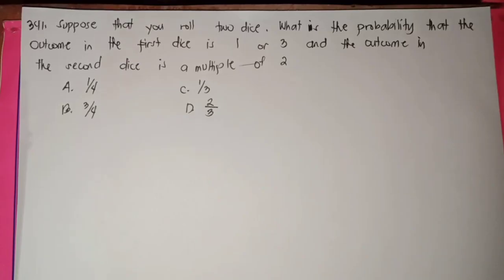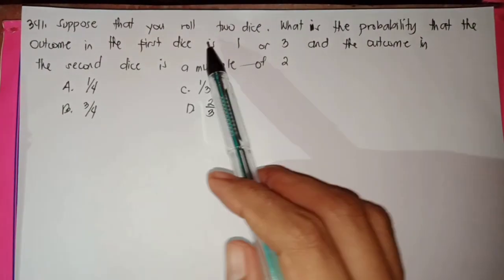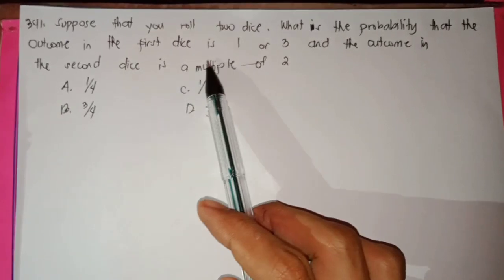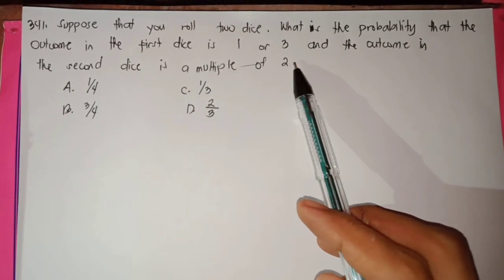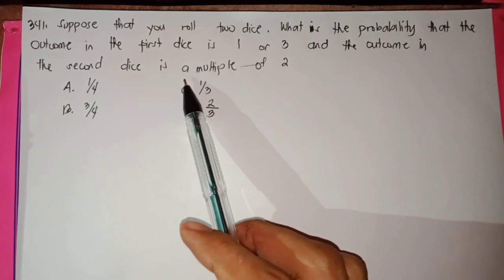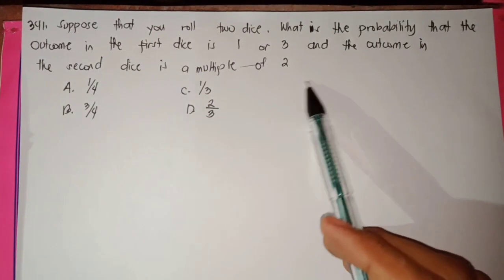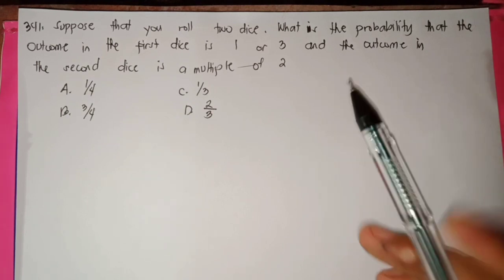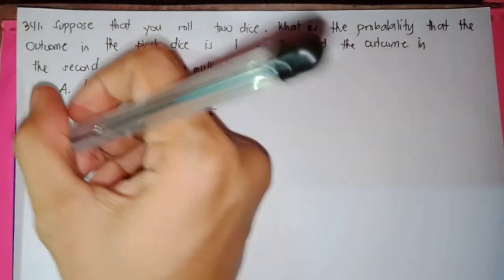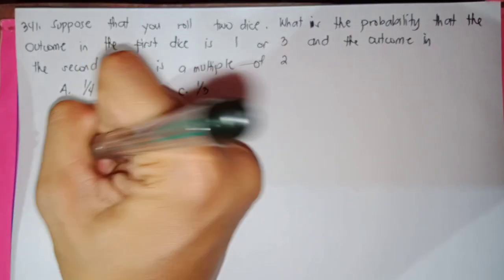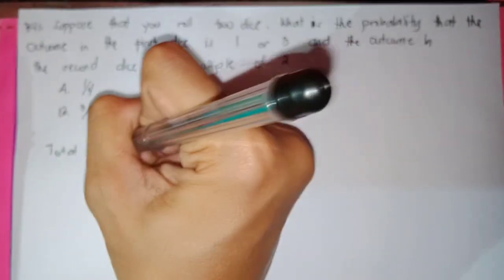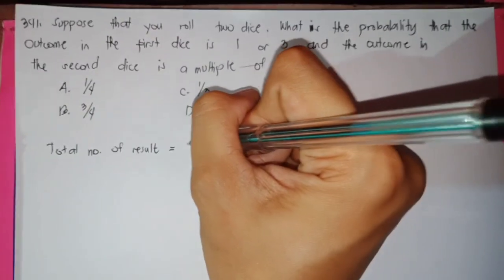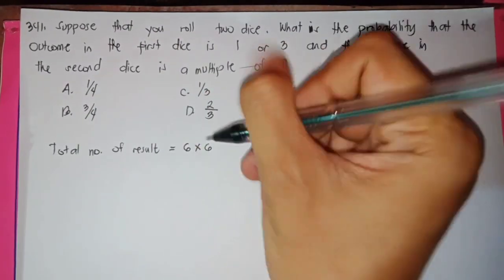Next question, we have, suppose that you roll 2 dice. What is the probability that the outcome in the first die is 1 or 3, and the outcome in the second die is a multiple of 2? In this, we will be applying the 2-dice probability, in which the total number of results is 6 times 6.